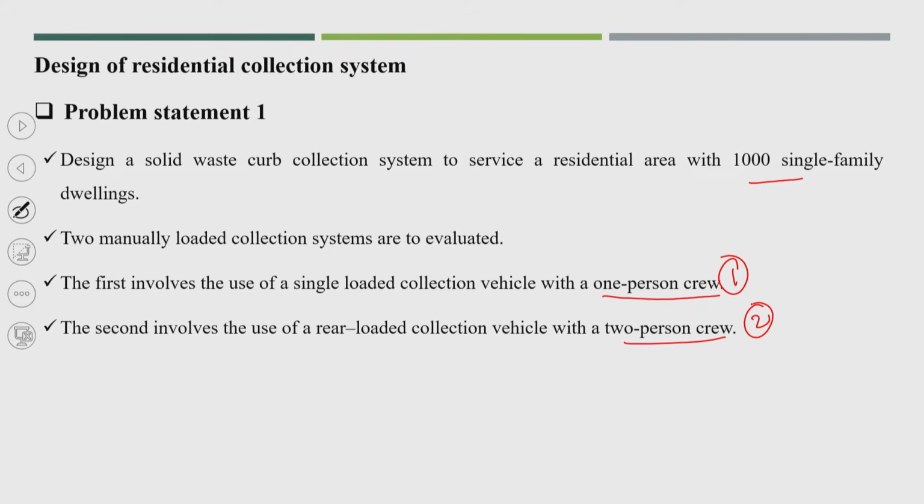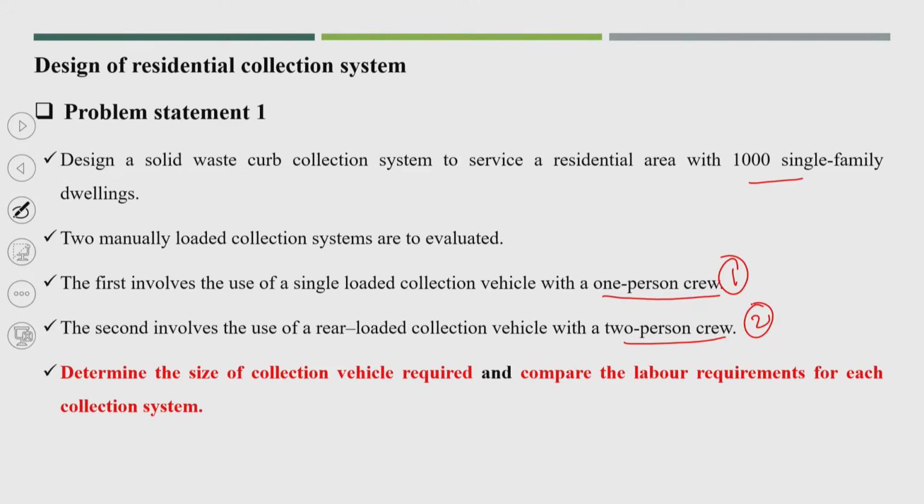So, we have to compare both collection systems to see which will be the more beneficial. We have to determine the size of the collection vehicle required and compare the labor requirement for each collection system. So, we compare the 1 person crew and 2 person crew systems, and some data will be given in the problem.